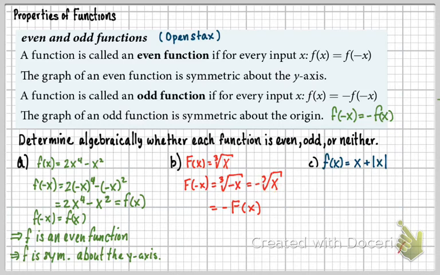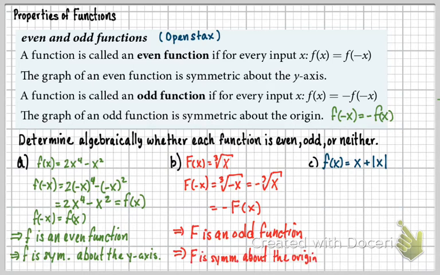So that tells me it's the second condition, because that's f of negative x equals negative f of x. That tells me f is an odd function, and it also tells me further that f is symmetric about the origin.